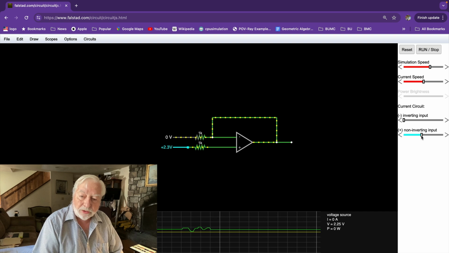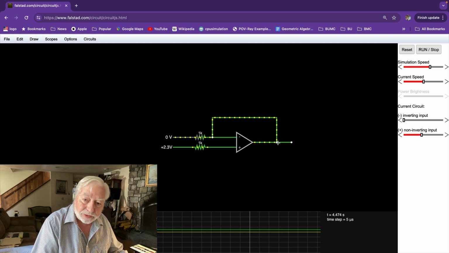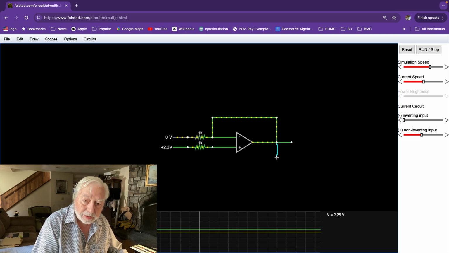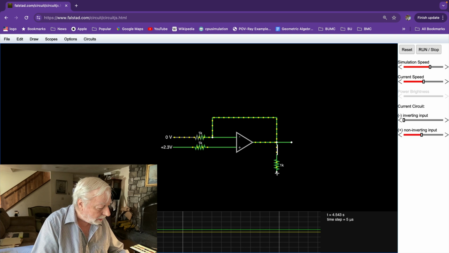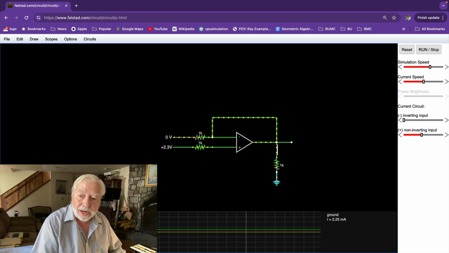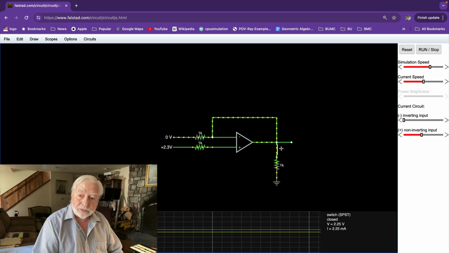So what's the use of a follower that just follows the voltage of the input? Well, to demonstrate this, I'm going to add a switch here and a resistor and the ground. And now what we've done is we've applied a load to this output.